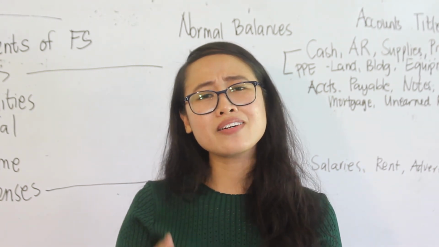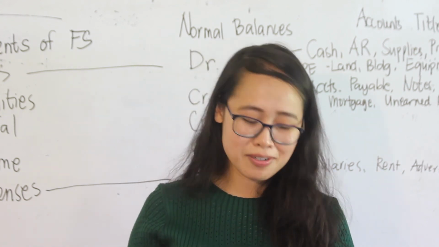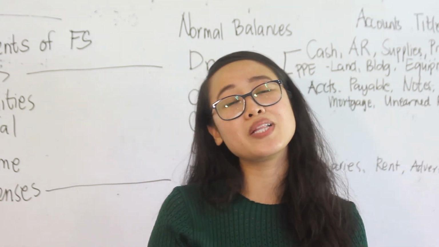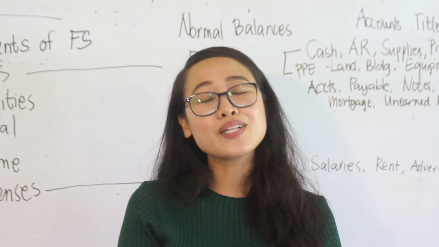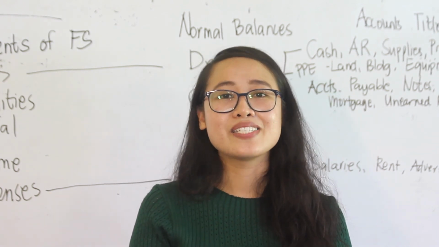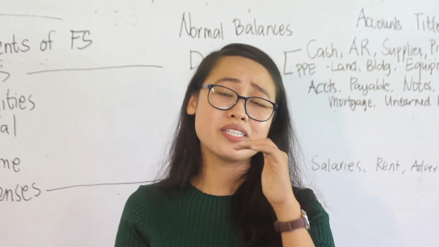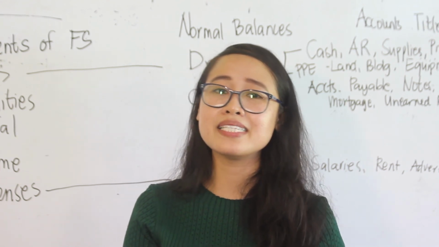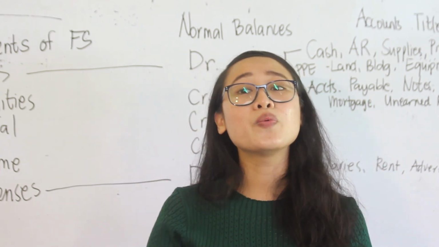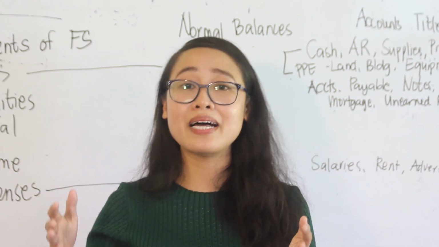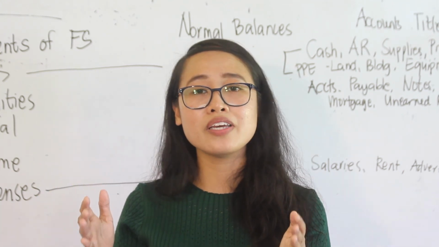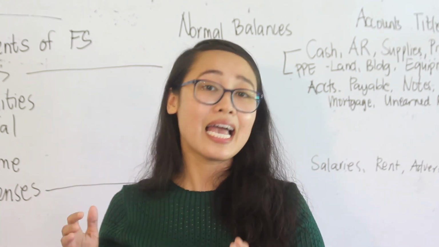That's why if you want to increase your capital, earn more in your business. Then after that, you will have the post-closing trial balance. After zeroing out all the balances in the income statement, we will create another trial balance that is composed only of assets, liabilities, and capital.